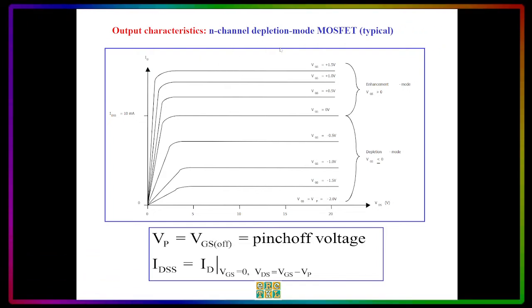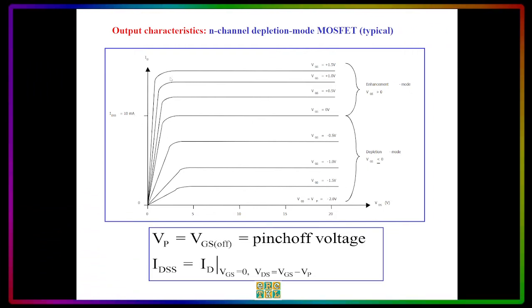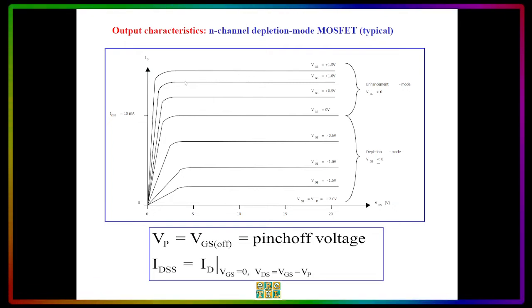For the N-channel depletion mode MOSFET, this is the typical output characteristic. At the top of the graph is the ID, and on the x-axis we have the VDS voltage. And this constant part here for the ID is also called the IDSS. This is like the saturation point, where the current IDS is no longer increasing or decreasing.